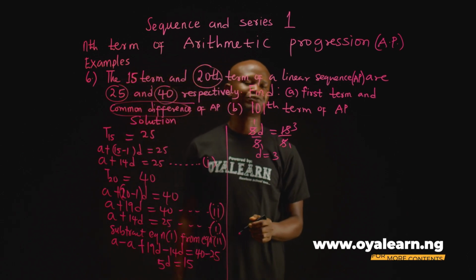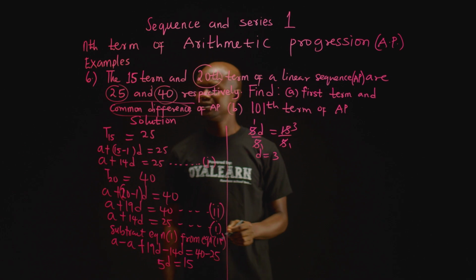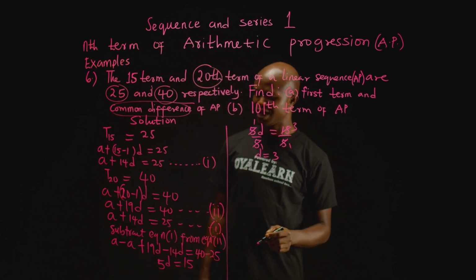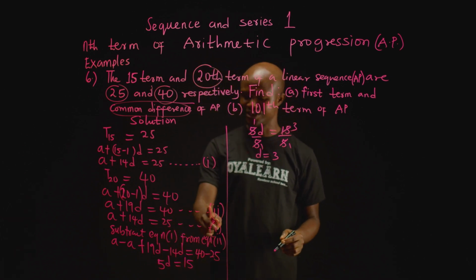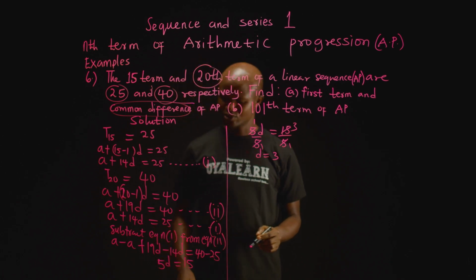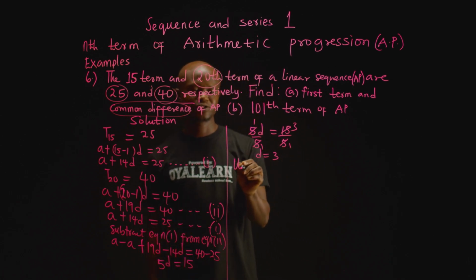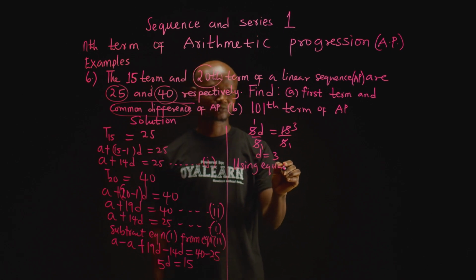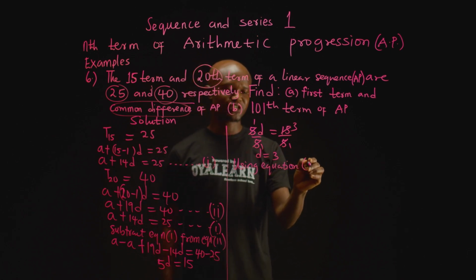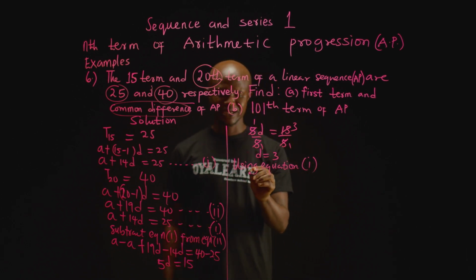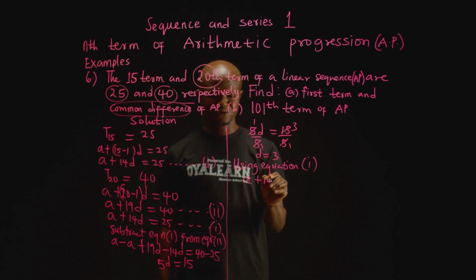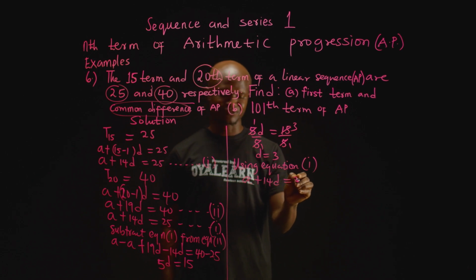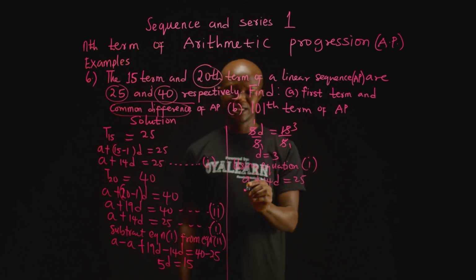Now we need to find the first term of the AP. For that, we can use any of these two equations. So using equation 1, A plus 14D equals 25.